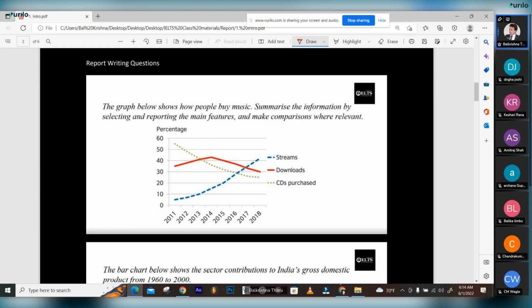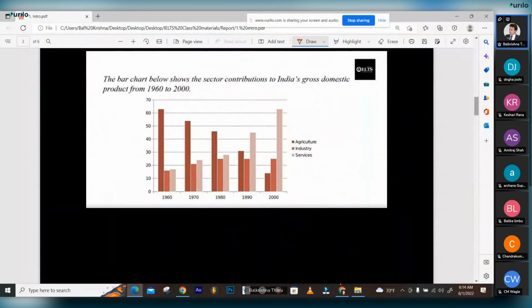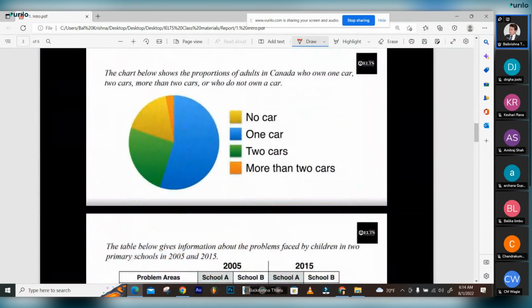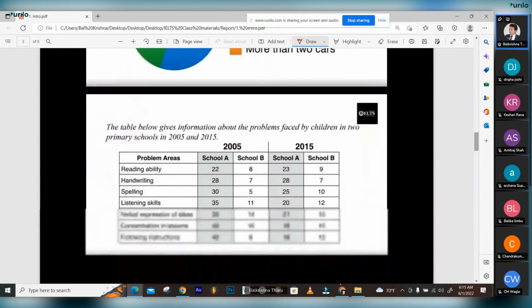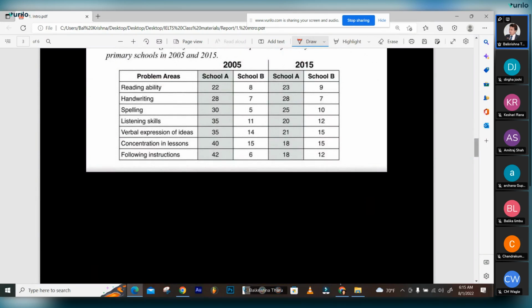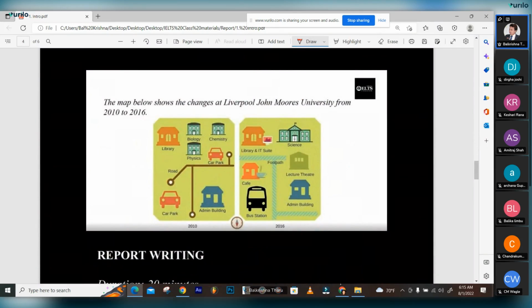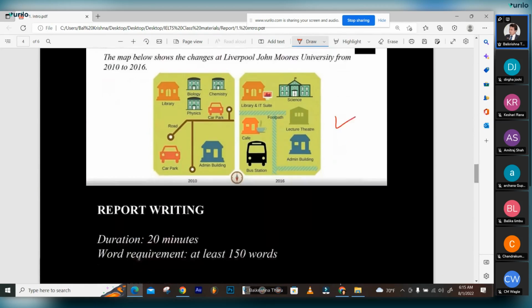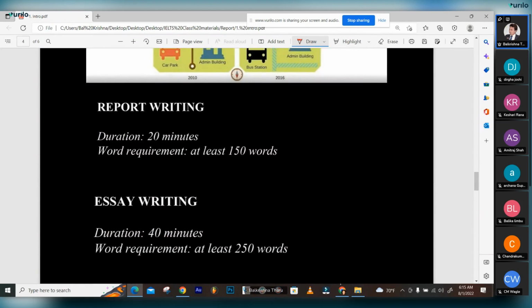So this is a line graph, bar graph, pie chart, table, and we've got the map question. All right, report writing or the letter writing.